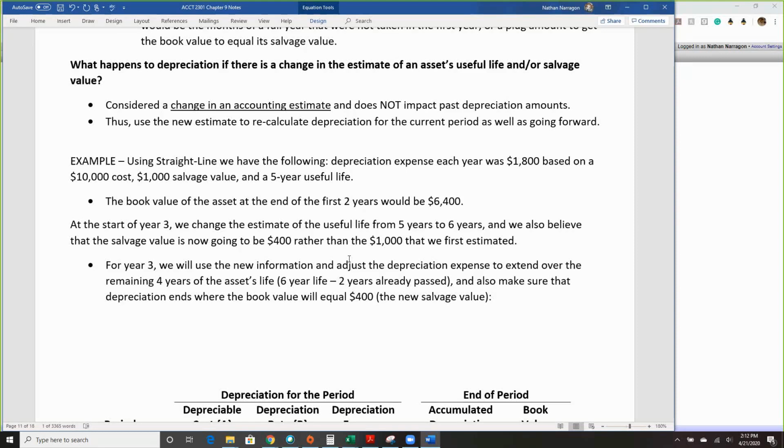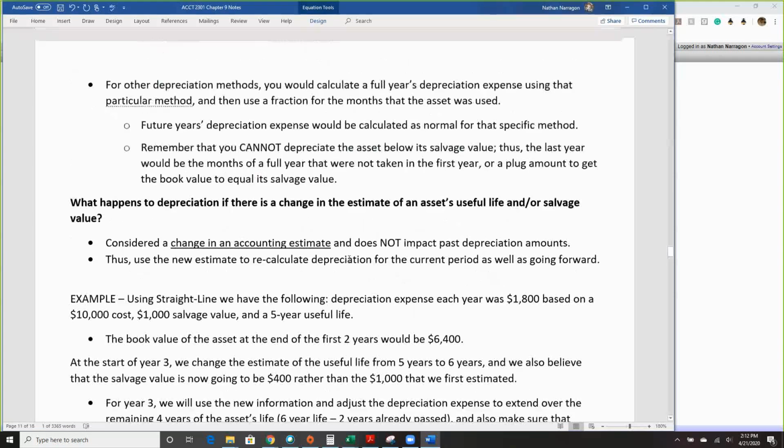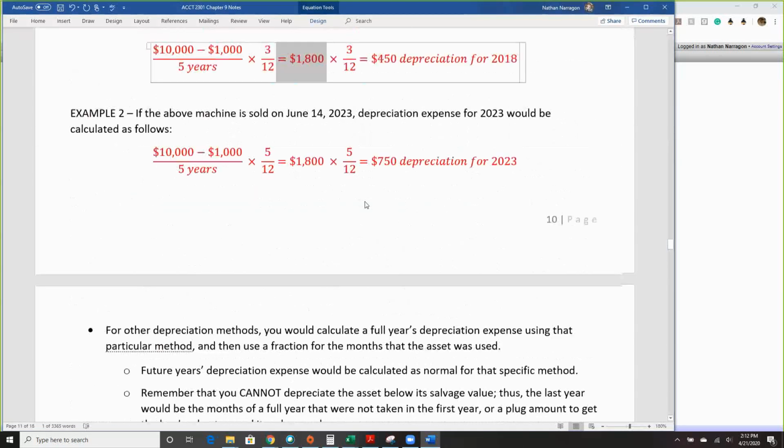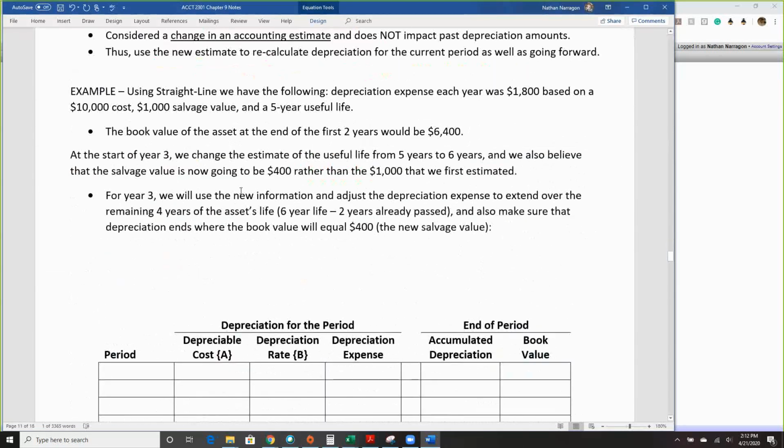So we're going to take and use this example, this partial year kind of thing. But we're going to see each year it was actually depreciated at $1,800. Again, based on $10,000 in cost, $1,000 in salvage value, and a 5-year useful life.